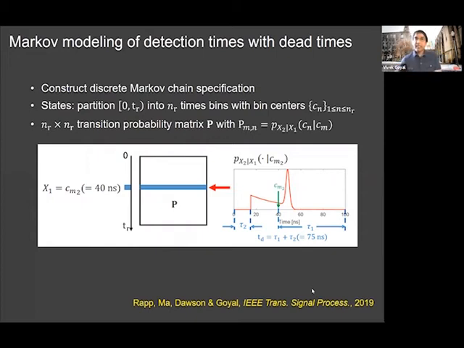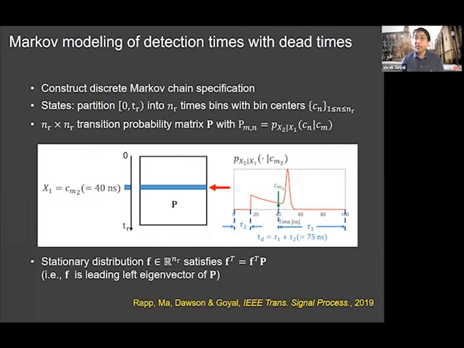So we can generate the transition probability matrix P, and the leading left eigenvector gives us the stationary distribution of the Markov chain. So what this is telling us is that if we know the imaging conditions and these equipment parameters, then we can very accurately predict what the detection time distribution will be, including the dead time effects.